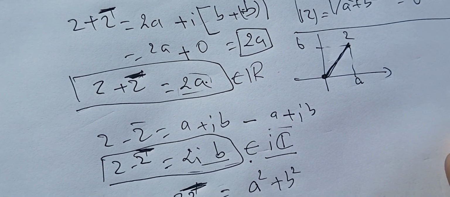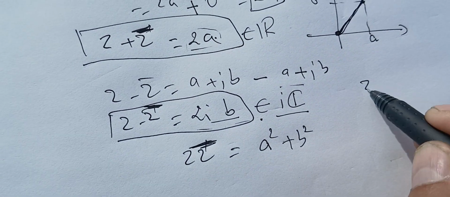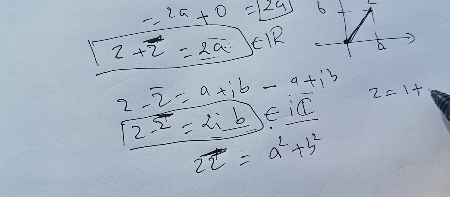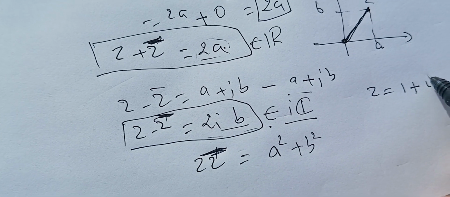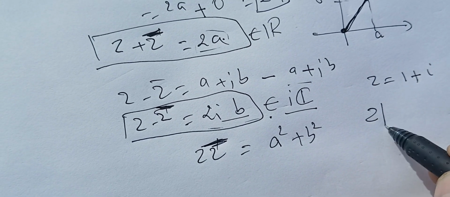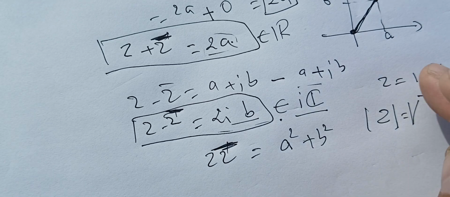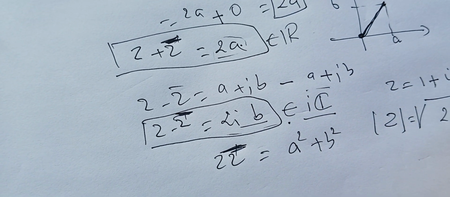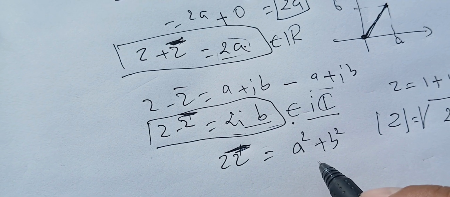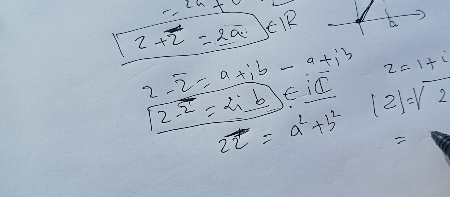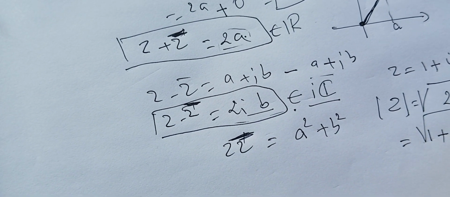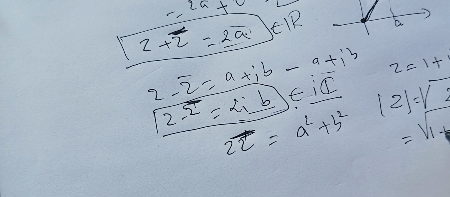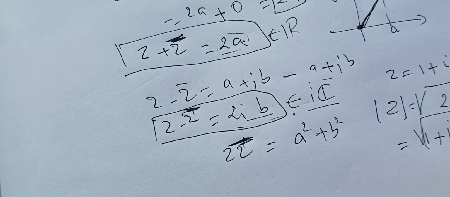Let's say z is 1 plus i. So what's the modulus of z? It's a squared plus b squared, which is 1 plus 1, which is 2. So it's the square root of 2. We can prove it. It's the square root of z times z bar. It's 1 plus i times 1 minus i.